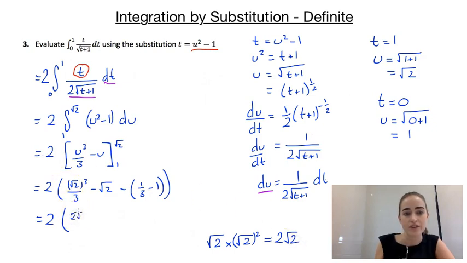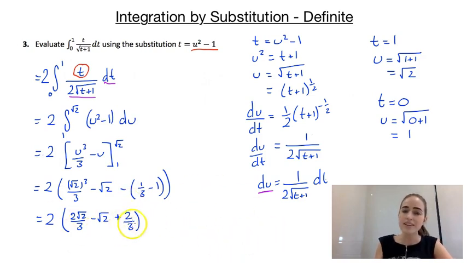So I can have this as 2 root 2 over 3 minus root 2 minus, and this section would give me minus 2/3. No, it wouldn't, sorry, because that bit in there would give me minus 2/3, but we've got that minus out the front, so that would give me a plus 2/3. Now to make this a little bit nicer, I'm going to pull my 3 out the front. So I'm going to have 2/3 outside of 2 root 2.